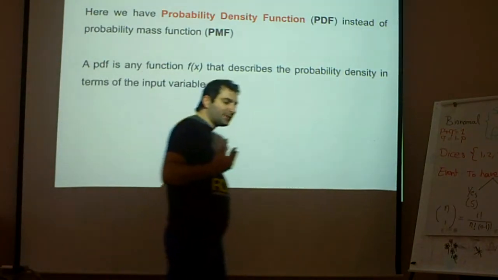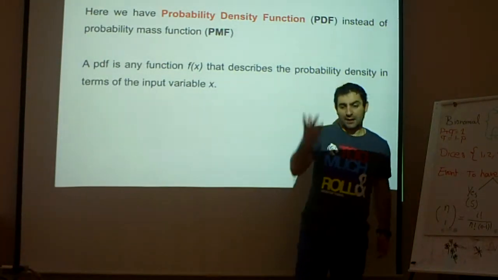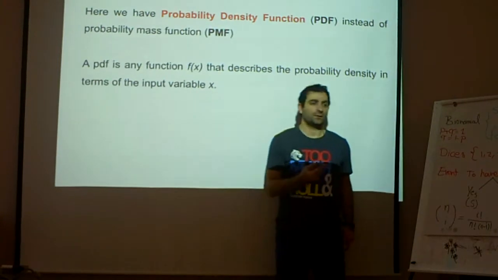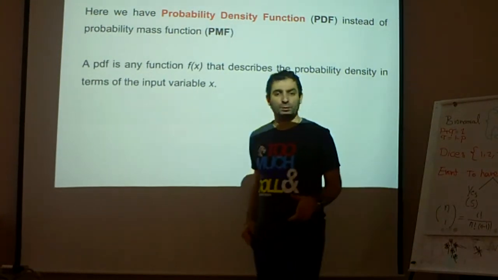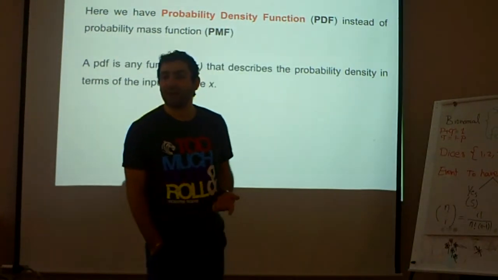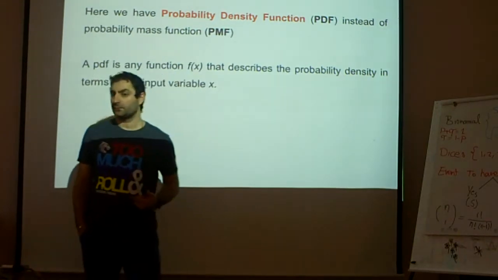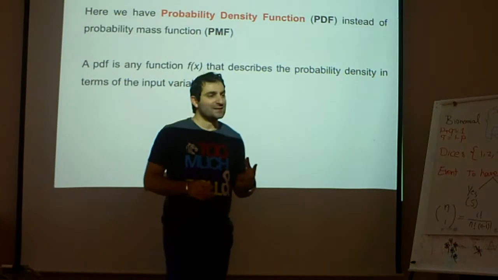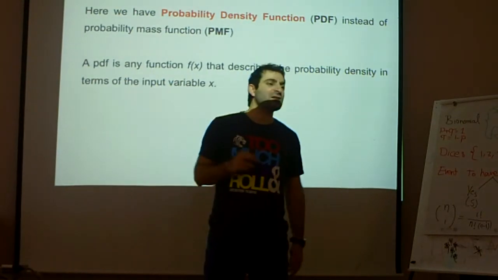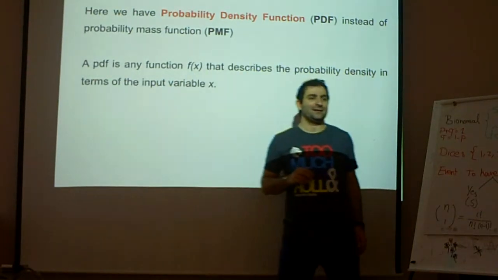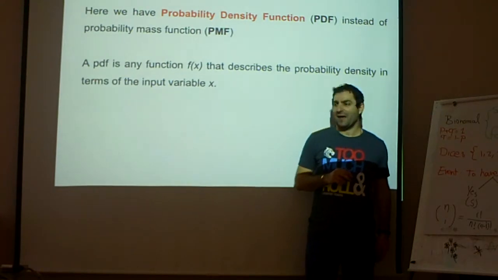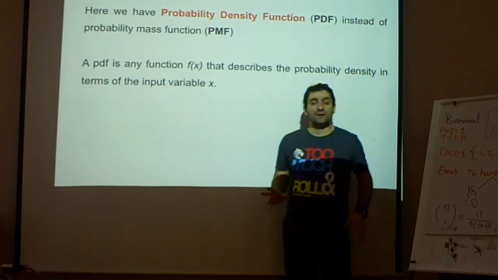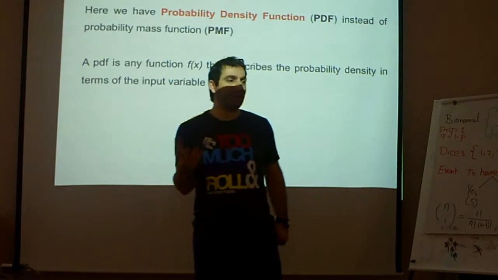Now, we talk about the discrete terms, a die, so it has a value of 1 to 6, and we couldn't have 2.5. Now, what will happen if we have a continuous form? If we have a continuous form, the probability mass function will be changed into something called the probability density function, PDF. The formulation will not be changed because the nature of the event will not be changed.